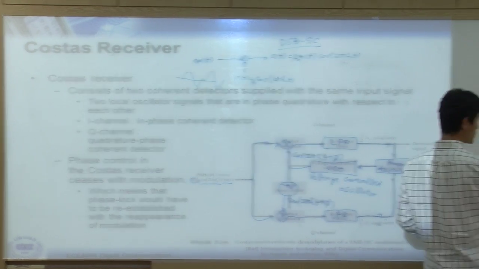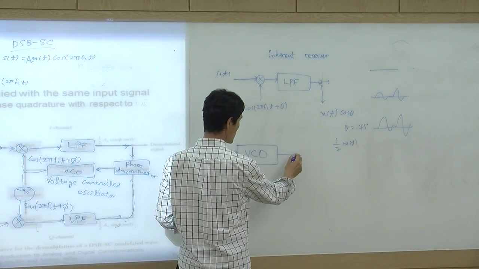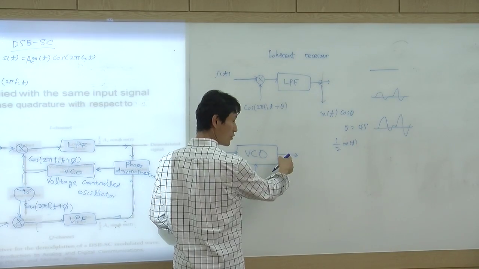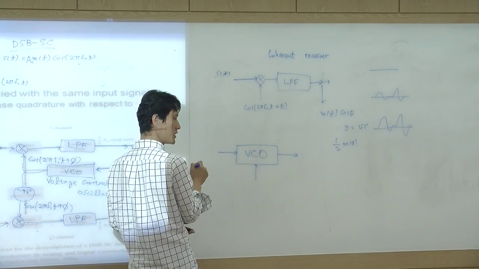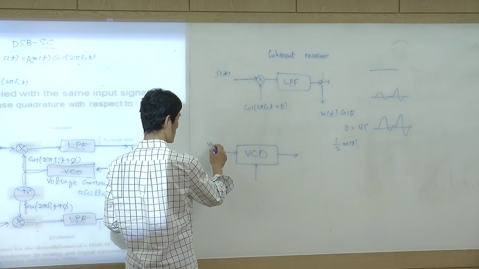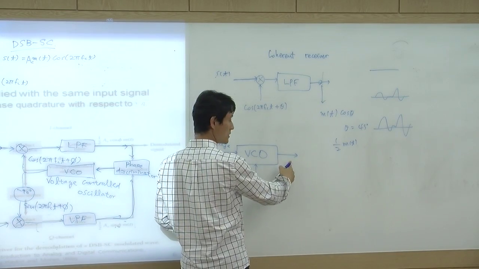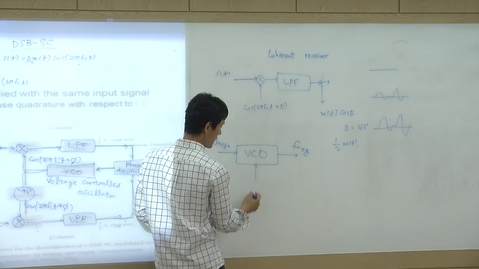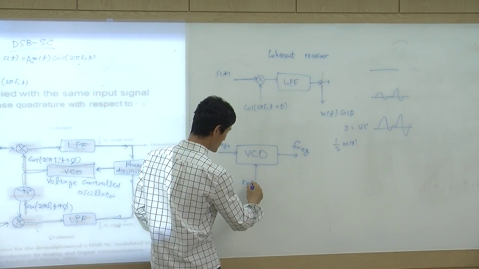VCO, voltage controlled oscillator. This one has one input, and maybe you can have another input here, and one output. The input is some voltage, and the output is frequency. Sometimes it has another input, a reference frequency.